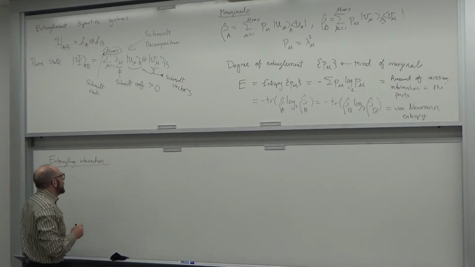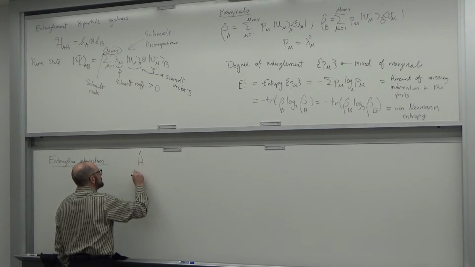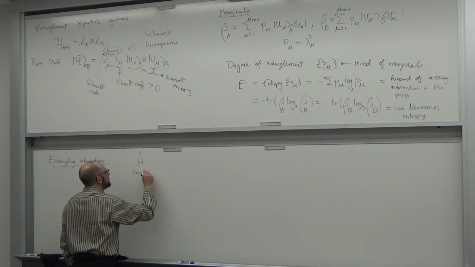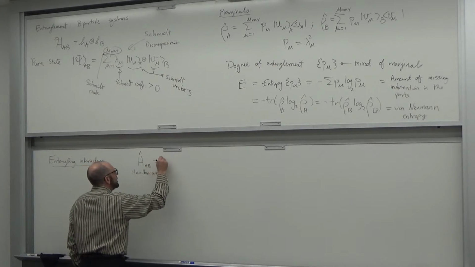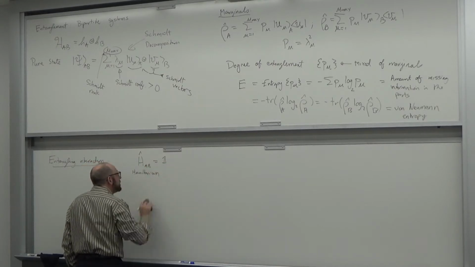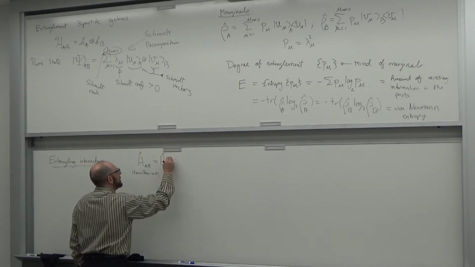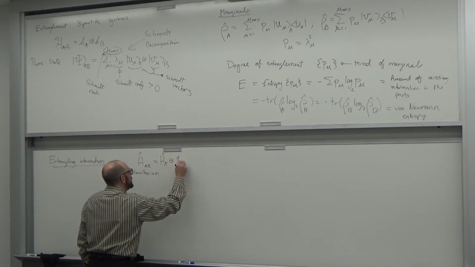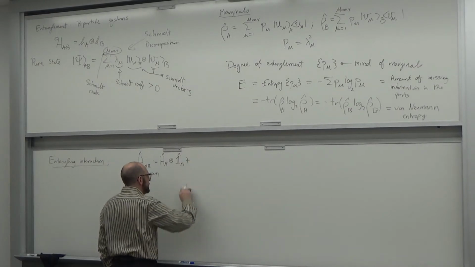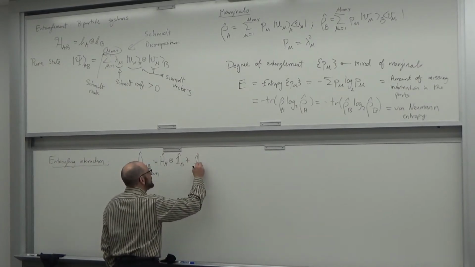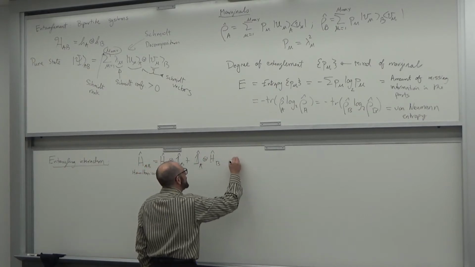So if my Hamiltonian for the joint system acts just independently, there's some Hamiltonian for system A and some Hamiltonian for system B, this is separable.